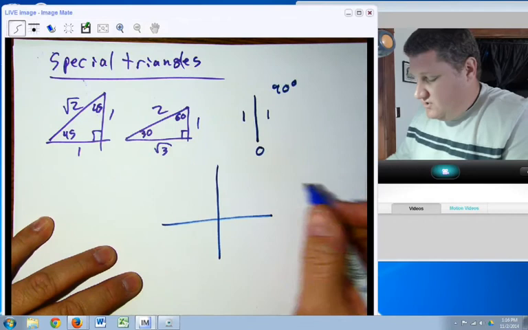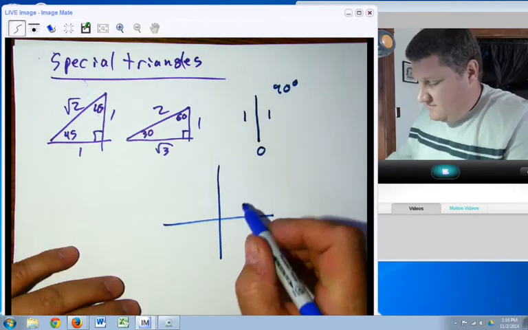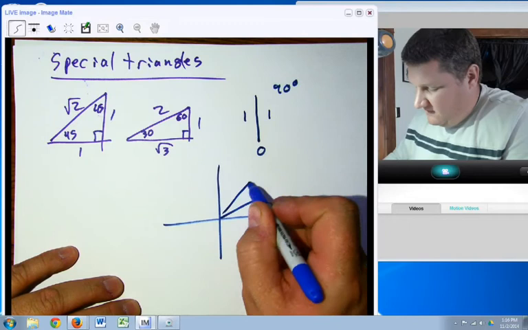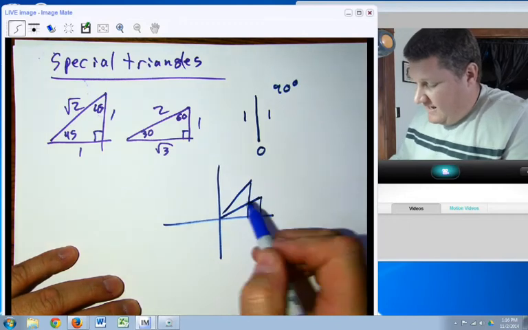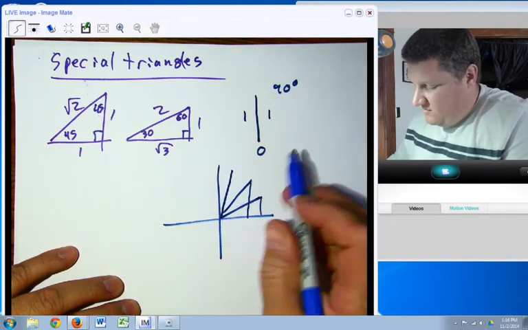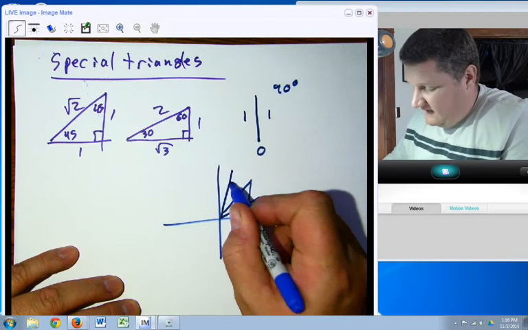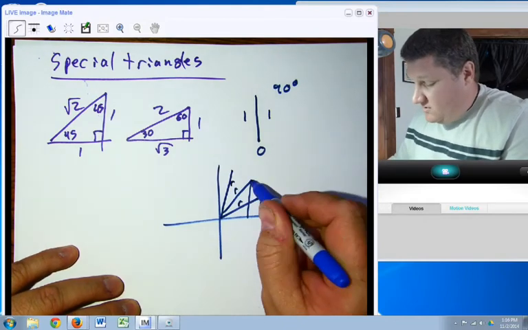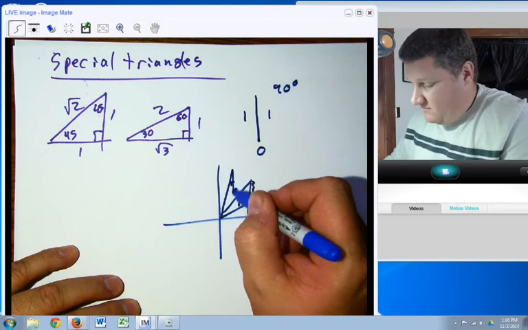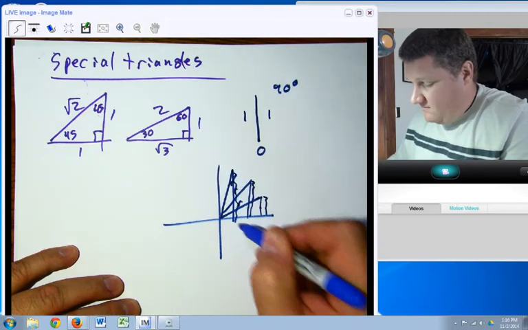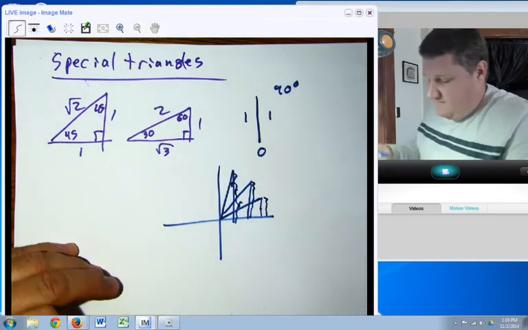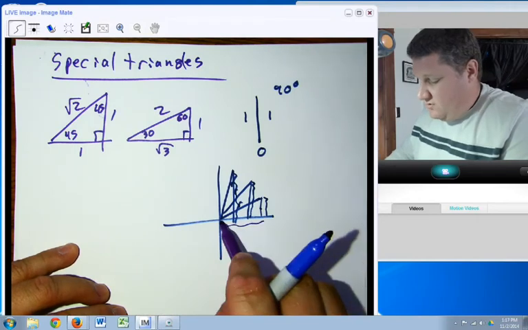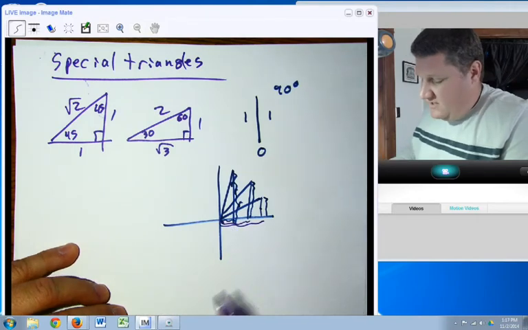is you take your side and it moves, dropping your reference angle every time. And as you move around, even though the radius stays constant, the opposite side is going to be getting longer and longer and longer, while the adjacent side is going to be getting shorter and shorter and shorter.